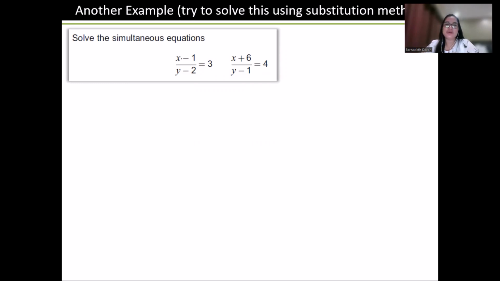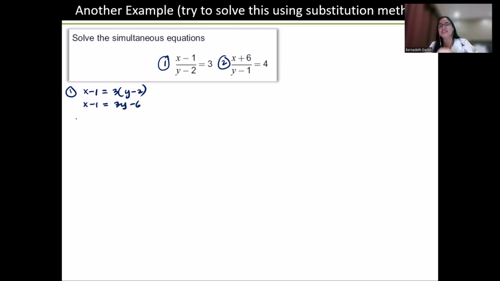Okay, so again, for example, this is equation 1 and this is equation 2. So let us try to simplify first equation 1. So we have x minus 1 is equal to 3 multiplied to y minus 2. So we have x minus 1 is equal to 3y minus 6.